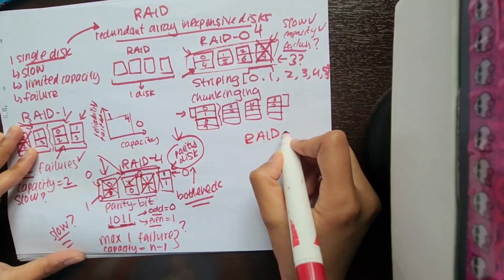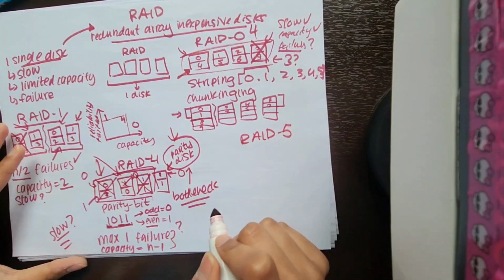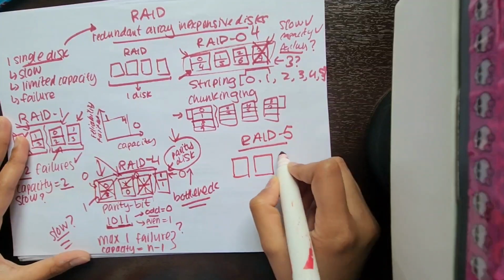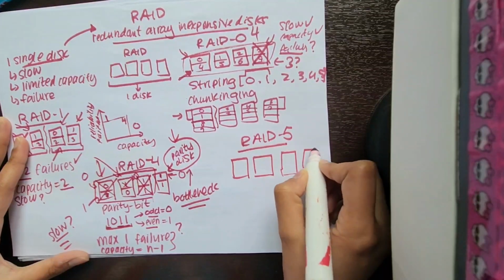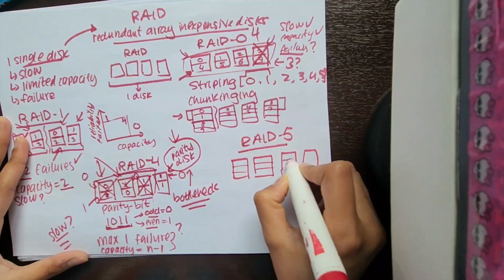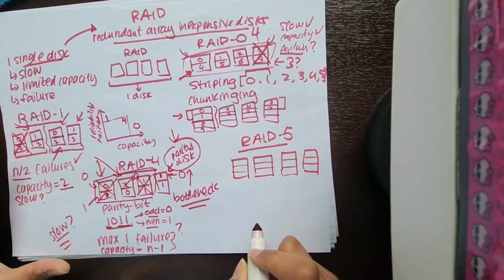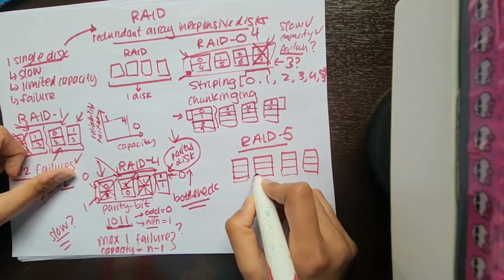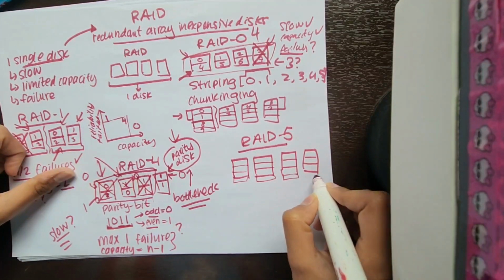And this is the last one that we're going to look at, right? RAID 5 is somewhat similar to what we did with RAID 4, with one difference. So this time let me do 4 rows.